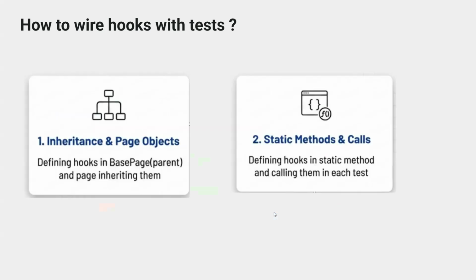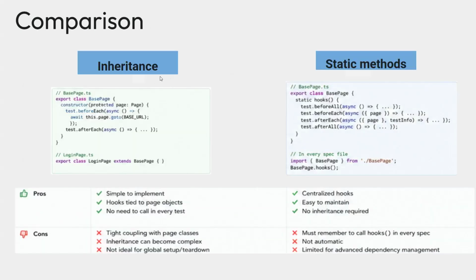So just like UI utils, here also you can wire up your hooks with the test either with the help of inheritance or with the help of static methods. With the help of inheritance, you can create a base page and write all the hooks in that. This base page would be the parent class, and all your pages, be it login page or checkout page or registration page, will use the base page as the parent.